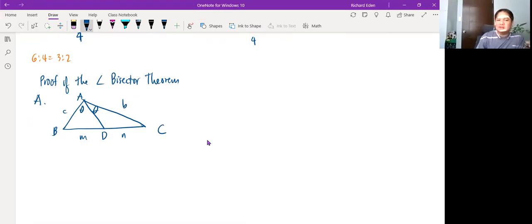We want a statement which involves M, C, B, and N, and the fact that those angles theta are equal to each other. We notice that M is opposite theta. So from the left side, we see that M over sine theta is equal to, well, the other relevant side is C.